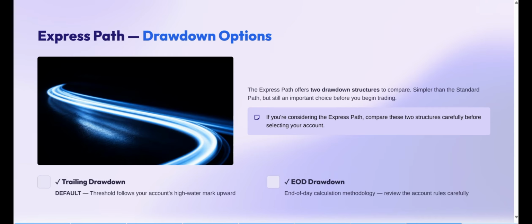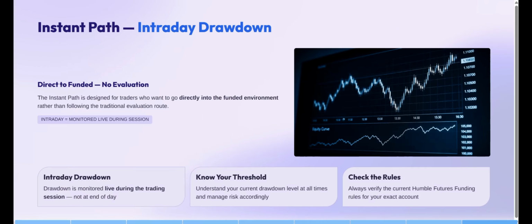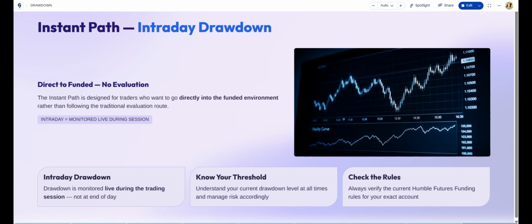Express path. Now let's move on to the express path. The express path offers two drawdown options: trailing drawdown, which is the default, and EOD drawdown. So if you're considering the express path, you'll want to compare these two structures and decide which one better matches your trading style and risk management. Finally, we have the instant path. The instant path is designed for traders who want to go directly into the funded environment, rather than following the traditional evaluation route. The current Humble Futures Funding comparison lists intraday drawdown for the instant path.